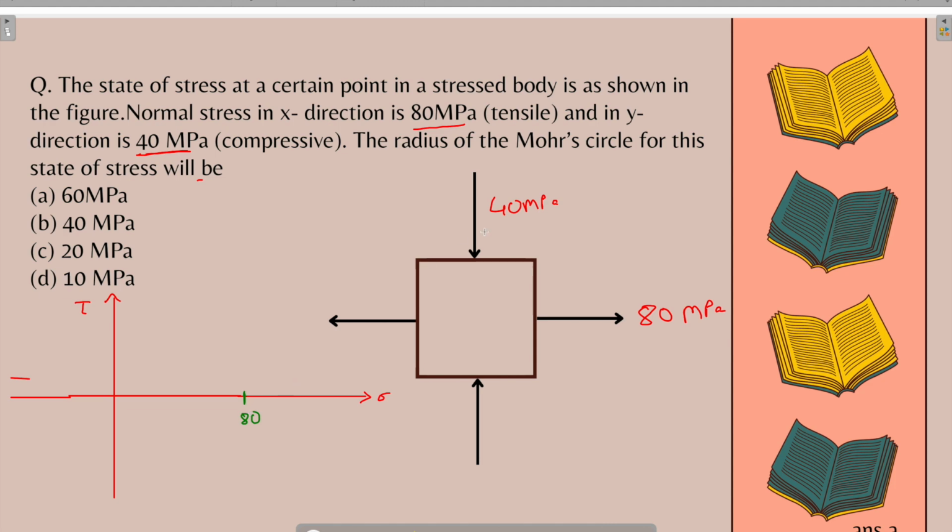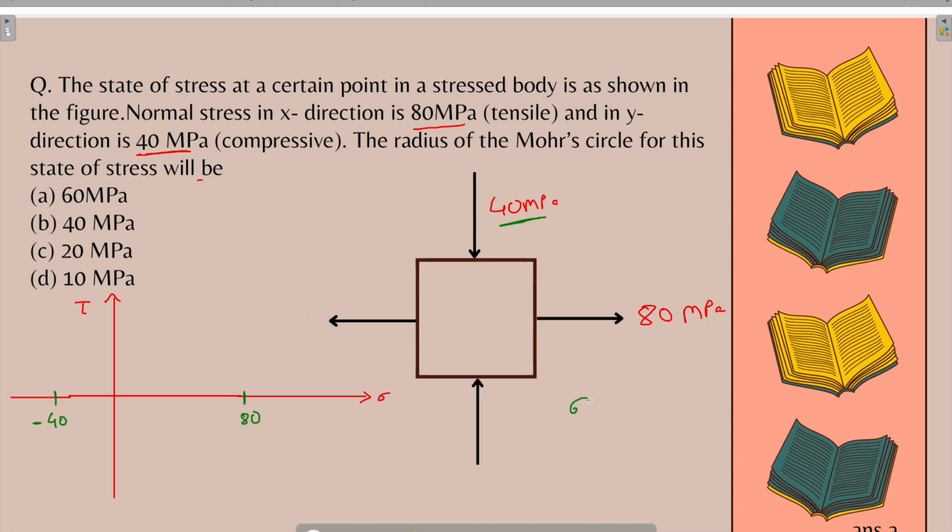And see, the 40 MPa is in compressive direction. So this 40 MPa we will be taking in the negative direction. Why? Because the compressive stresses are taken to be negative. We just have to find the radius of the Mohr circle. The radius is very easy.